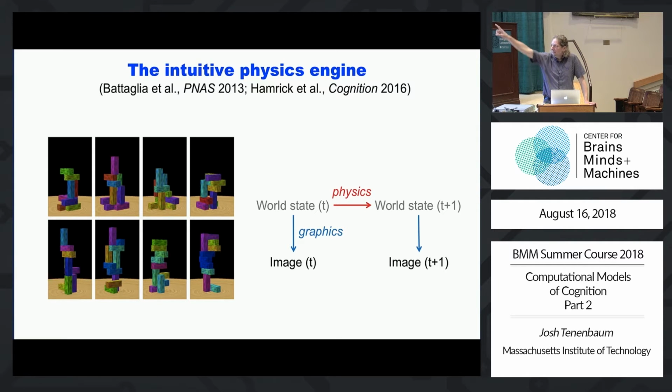So by the image, I mean the pixels, and by the world state, I mean something like a description of the three-dimensional objects, physical objects, so their shape and their physical properties, whatever is basically the state of the game physics engine needed to reason about these things, right? So we're going to use tools. We're going to model those arrows, which are the causal arrows, using game graphics engines and game physics engines.